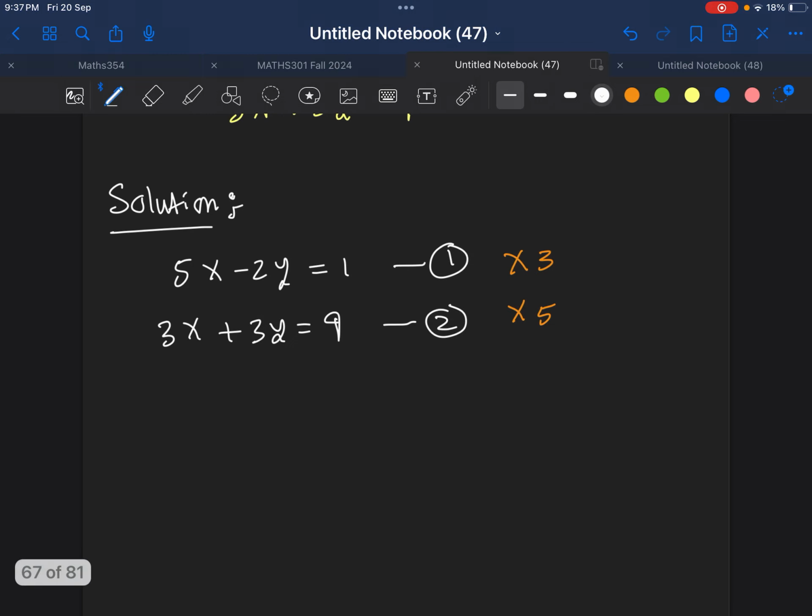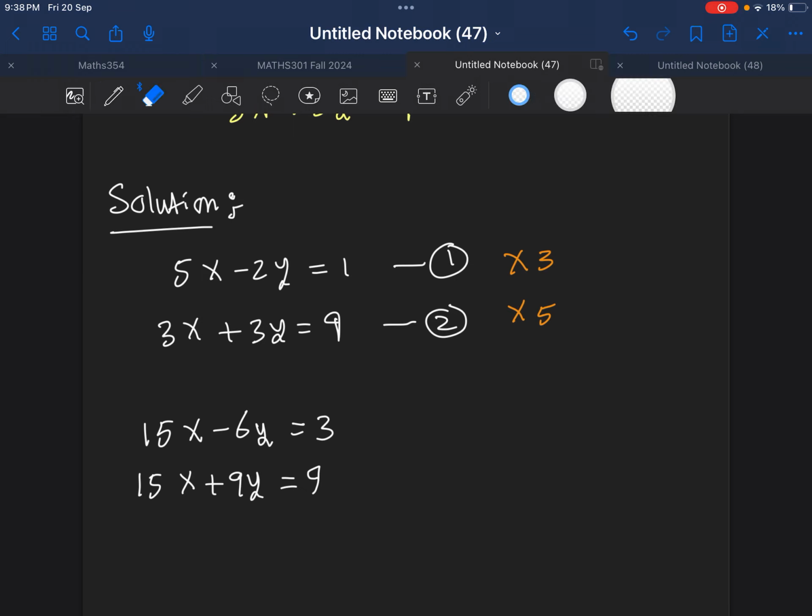So if we multiply everything by 3, this will give me 15x minus 6y equal to 3. The second equation will give me 15x plus 15y equal to 45.